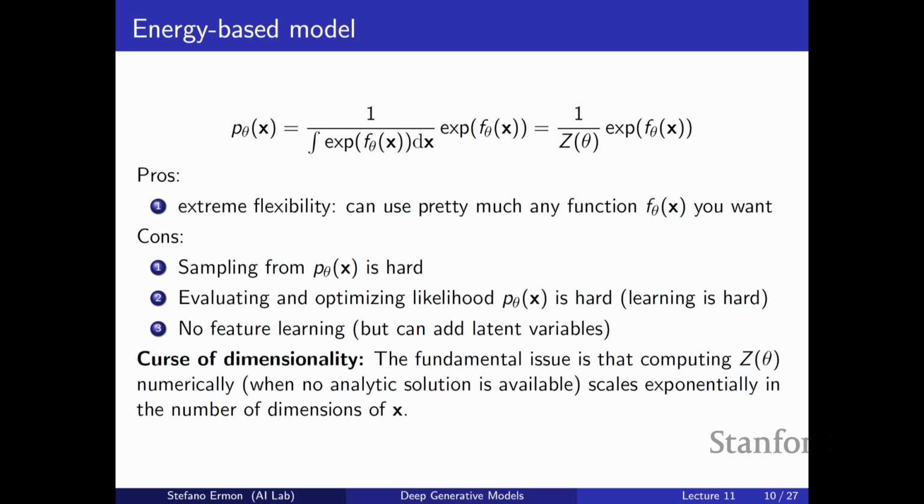If you were to discretize and have little units of volume that you use to cover the whole space, the number of little units of volume that you need will grow exponentially in the number of dimensions. And so that's essentially the key challenge of these energy-based models. Computing this denominator is going to be hard. So on the one hand, we get flexibility. On the other hand, there is this big computational bottleneck that we have to deal with, the partition function.